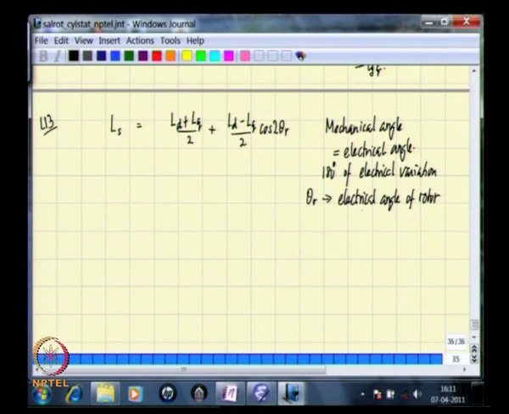So, if we all the time ensure that we take the electrical angle of the rotor to substitute in this expression, this equation is valid for machine of any number of rotor poles. This is the first observation that we make.